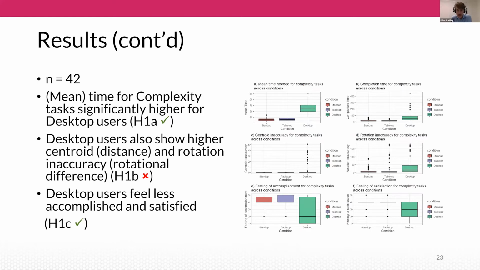And even though in the desktop condition the median is lower than in the VR conditions, there is no statistically different distribution here. In plot F, we see a significantly different feeling of satisfaction for desktop users. So this is how all the performance measures differ across conditions. Next slide, please.